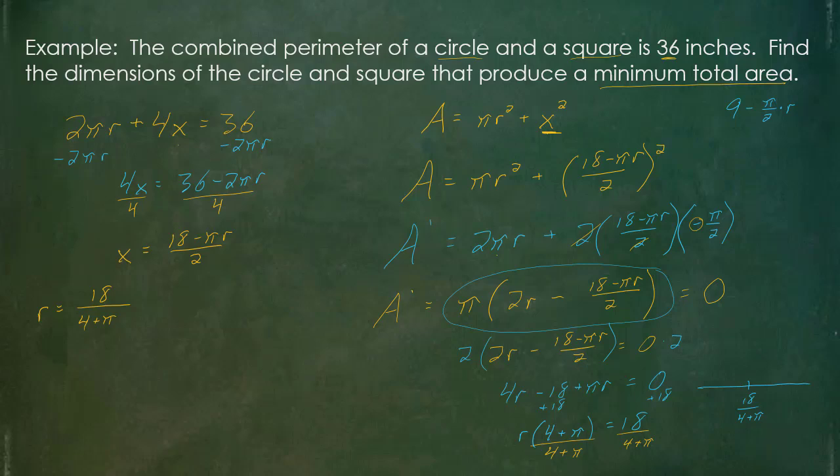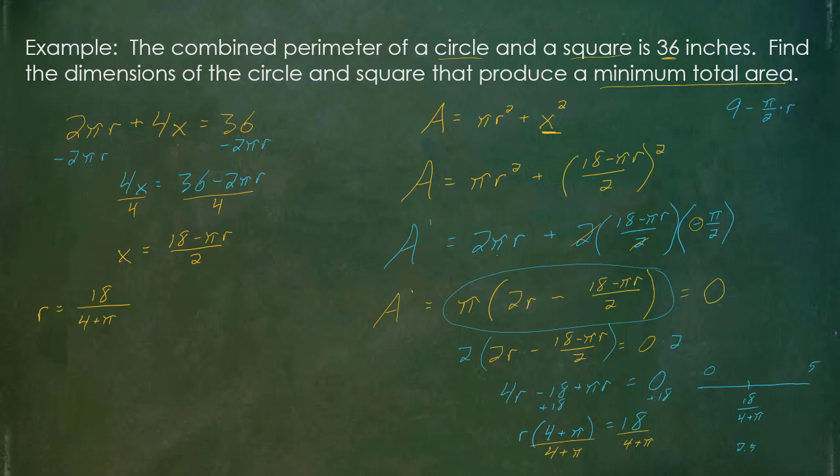Let's go with 18 divided by that 4 plus pi. It's about 2.5-ish. So since that's like 2.52, if I chose a number like 0, that's for sure going to give me some value, and I choose a number like maybe positive 5, that would give me a different value to determine whether it's increasing or decreasing.